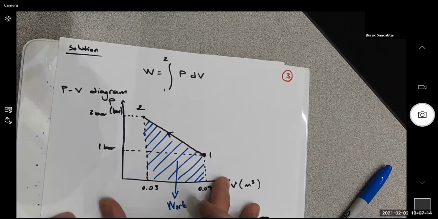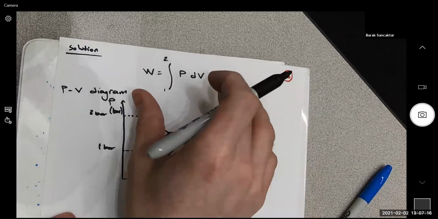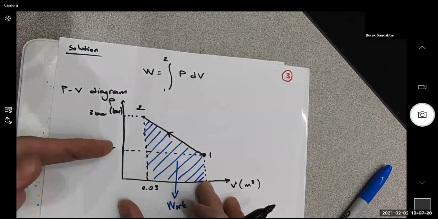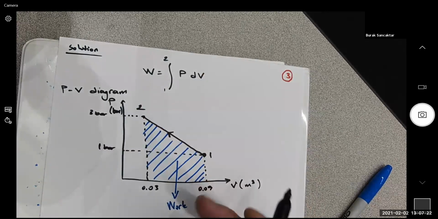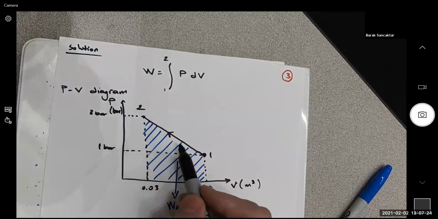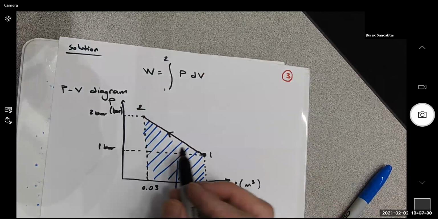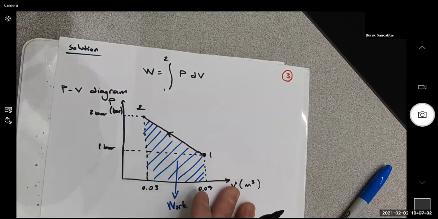You can either solve the integration to calculate the area under the curve to find the work, or you can use geometry, rectangle and triangle. I know the height, I know the base, you can calculate it either way.